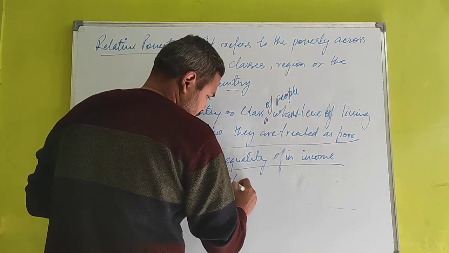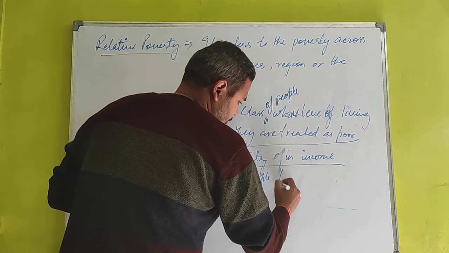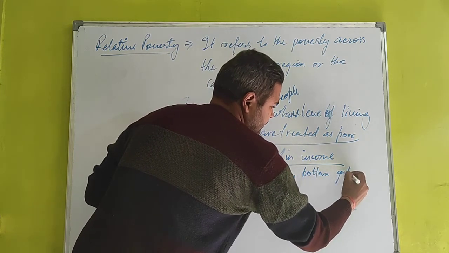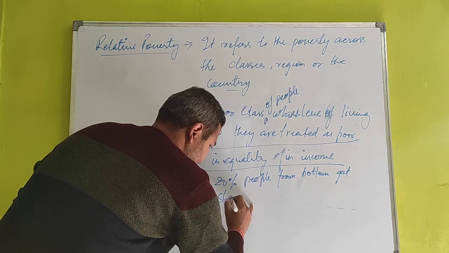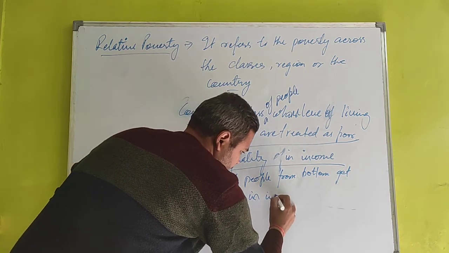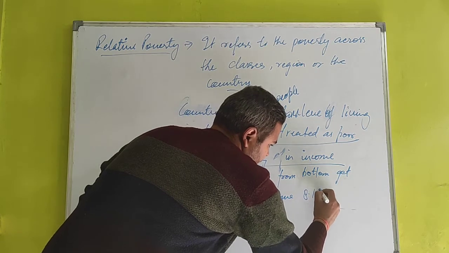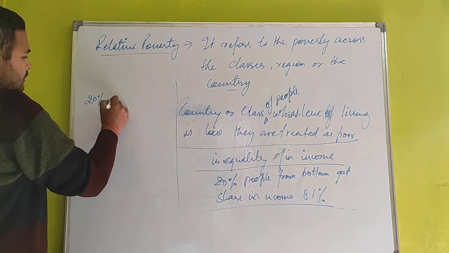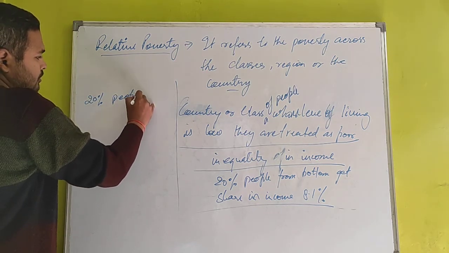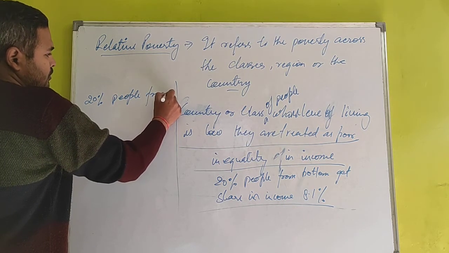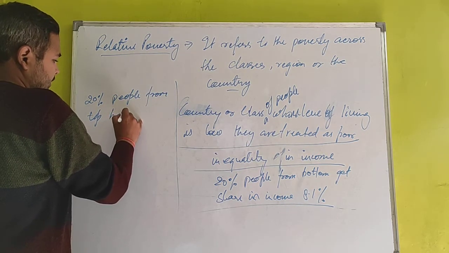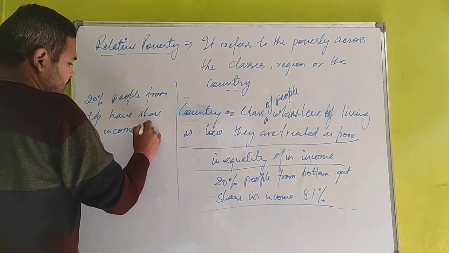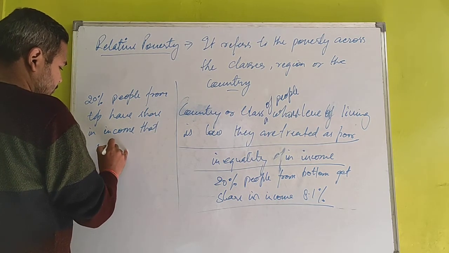The bottom 20% of people get a share in income of around 8.1%, and the top 20% of people have a share in income of 45%.